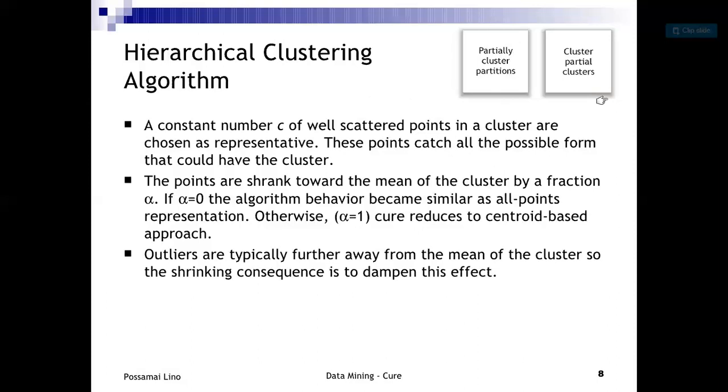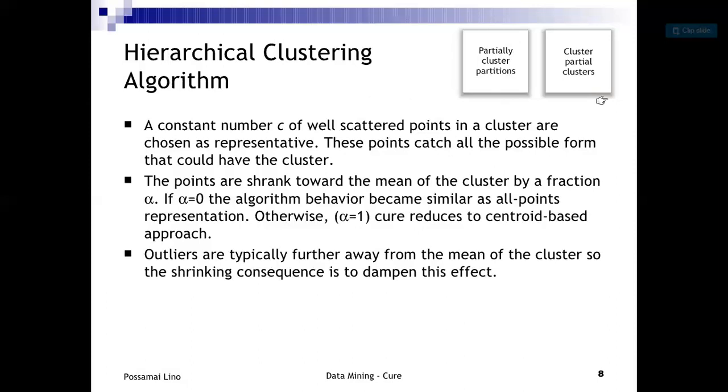Then after their merging, out of the total 2n representative elements, we shall select n representative elements. And again, after selecting n representative elements, we perform the process of shrinking the representative elements. Then these points are shrunk toward the mean of the cluster by a fraction of alpha.